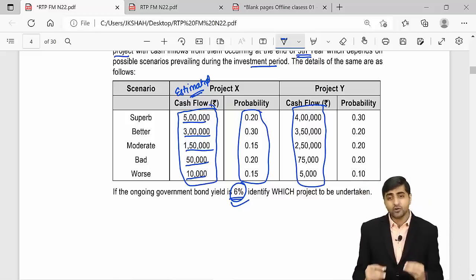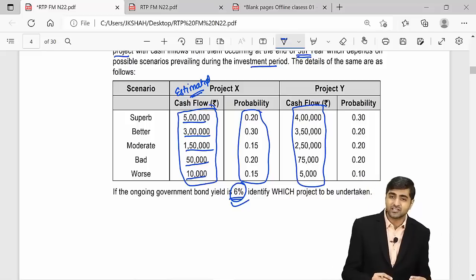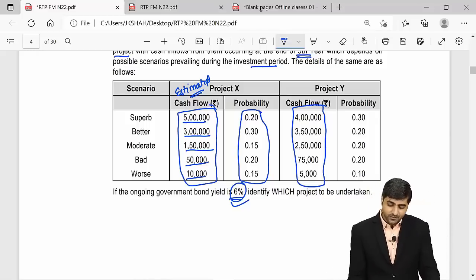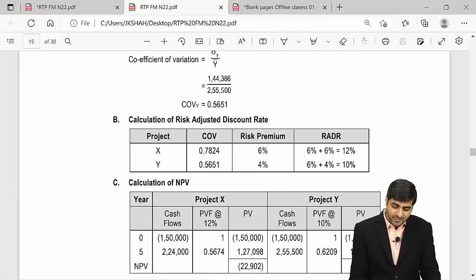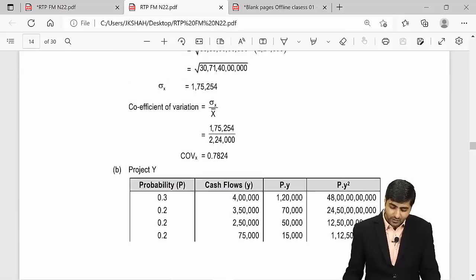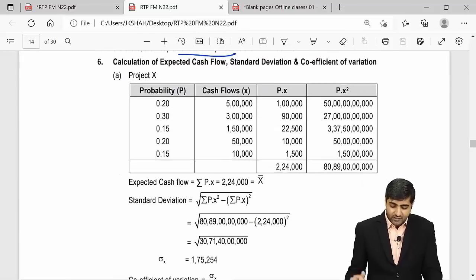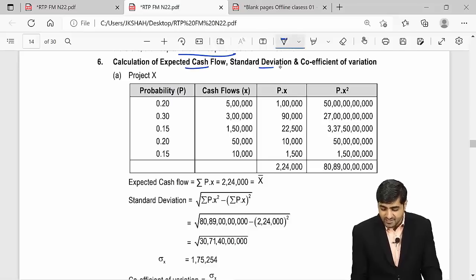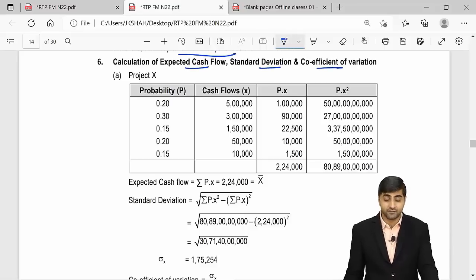So guys, how do you first calculate your average cash inflows and how do you calculate your standard deviation? The institute has also specified the same with the help of one particular table. You can check that there is a calculation of expected cash flows, then standard deviation, and then coefficient of variation.